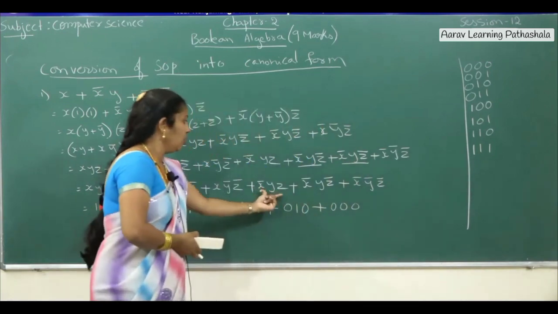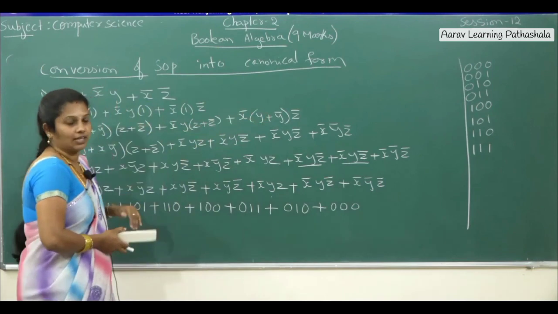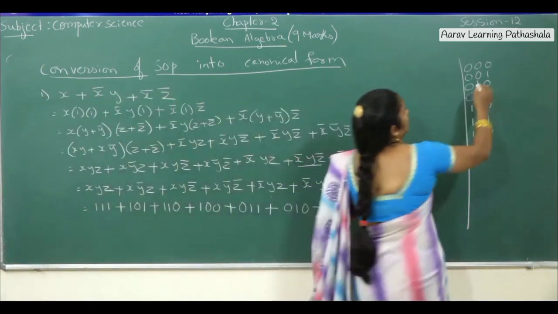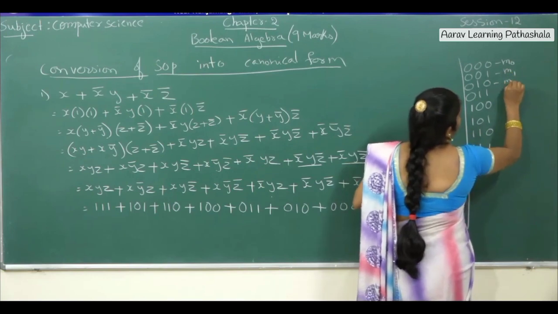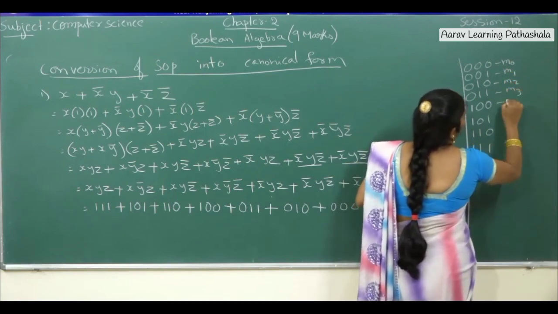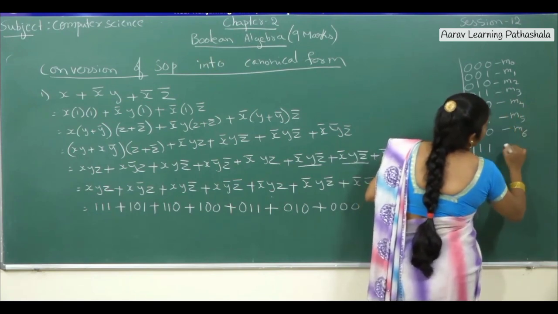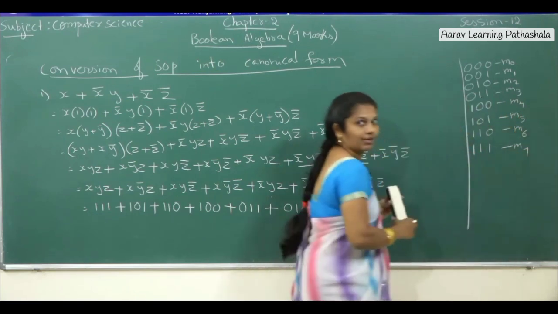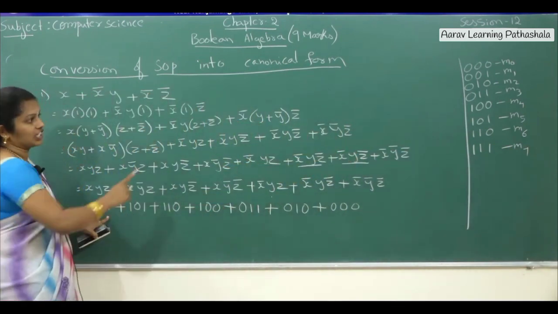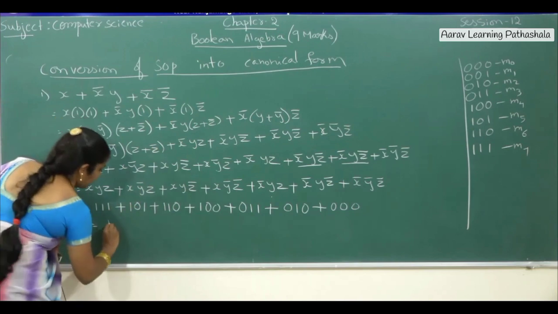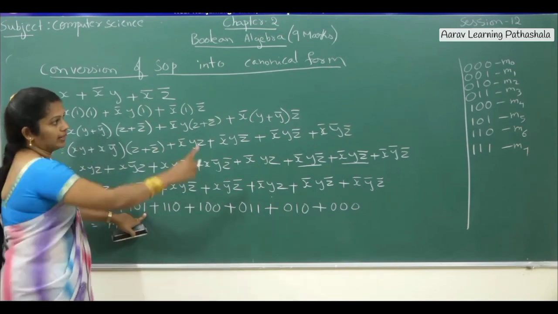See the equation? All the parts contain only 3 variables, that's why we wrote it for 3 variables. Here, the first one represents M0, M1, M2, M3, M4, M5, M6 and the last one represents M7. This is the designation. Then for triple 1, what is the designation? M7, plus 101, that is M5.